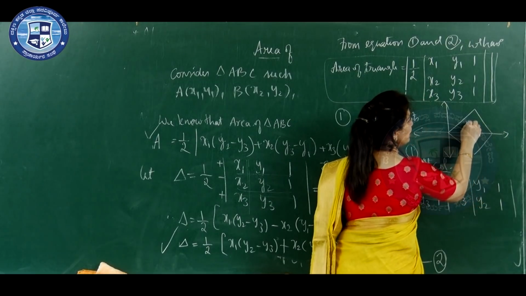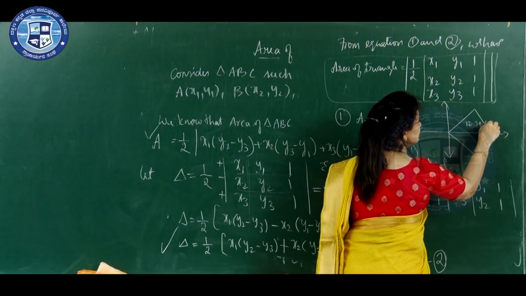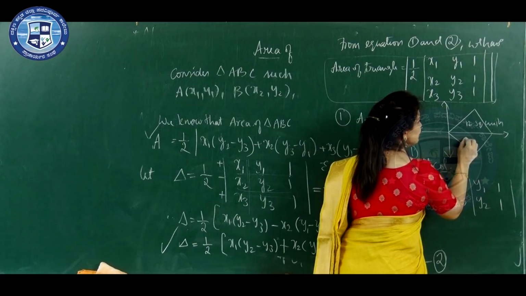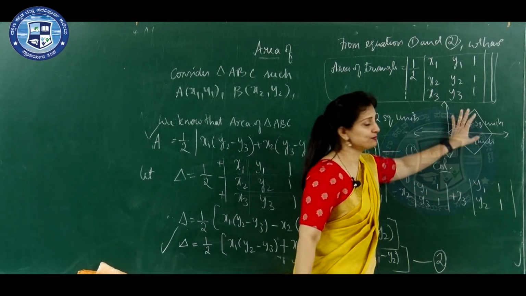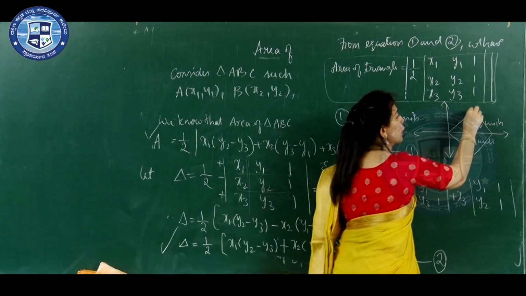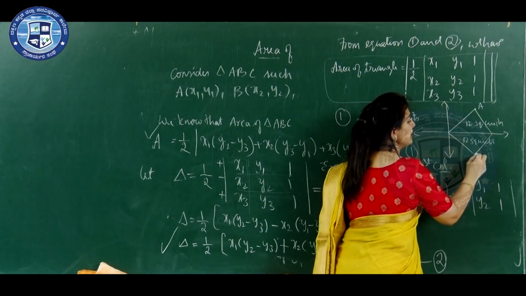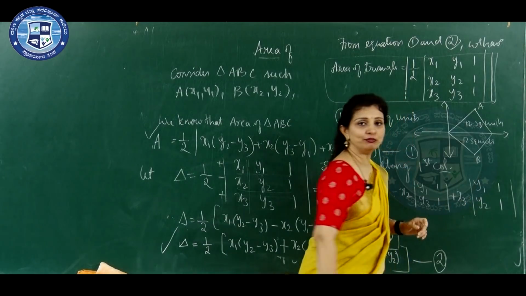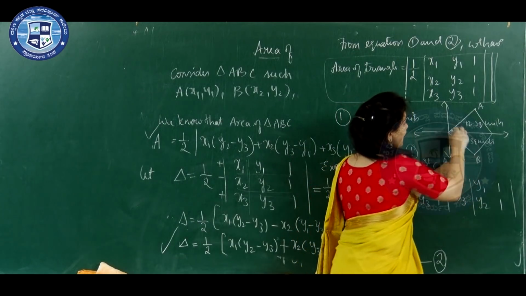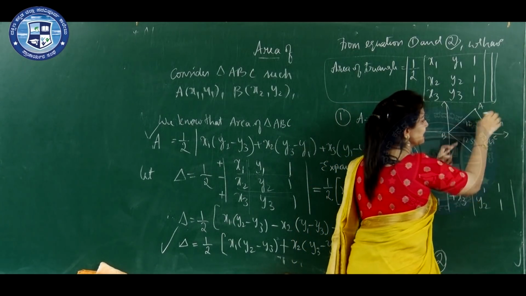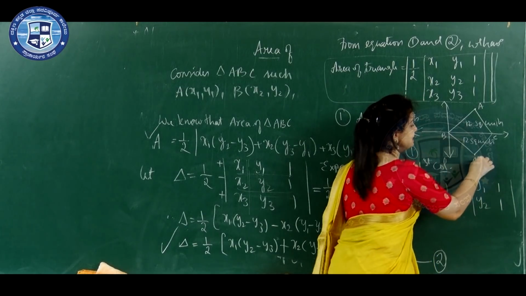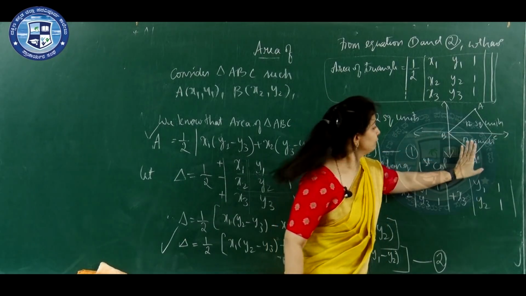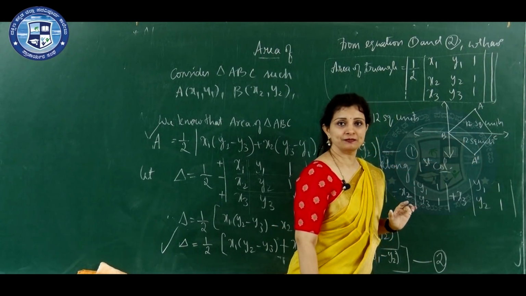Here the area may be 12 square units and this also can be 12 square units. Area is positive, but the coordinates can be negative. Here can be A, here one more coordinate can be there. This triangle ABC is also 12 square units, and triangle A dash BC can also be of area 12 square units.